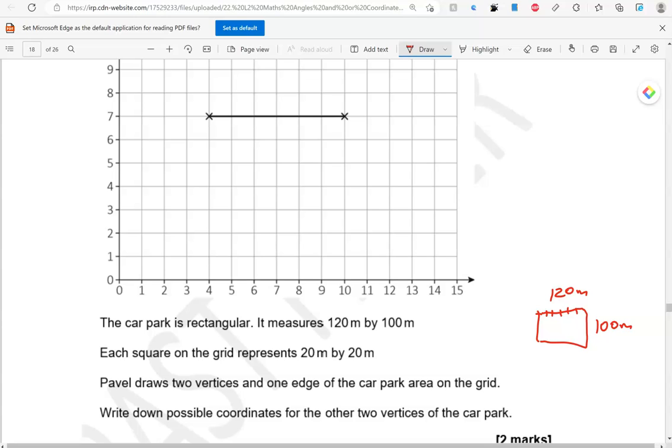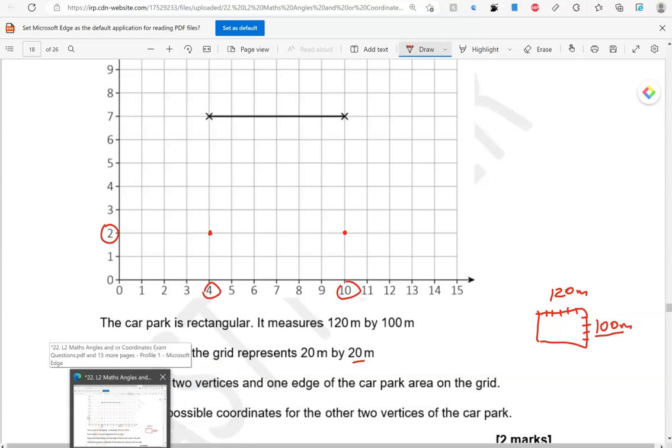So we're going to go down or up 5 square lengths, because 100 divided by 20 gives us 5. So we could go down 1, 2, 3, 4, 5. So these are 2 possible points. We've got 4, 2 and 10, 2.